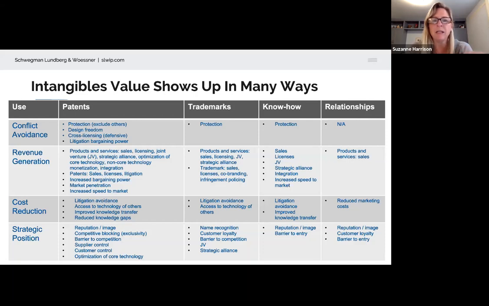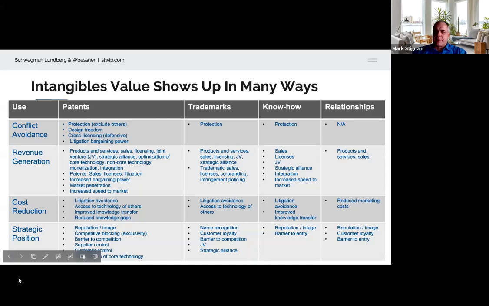Again, you have to pick each one of those value streams and look at what's important in your portfolio. And chances are different patents are important for different value streams. And then the sum of that in its entirety is what you need to achieve all of those goals, whatever they are.